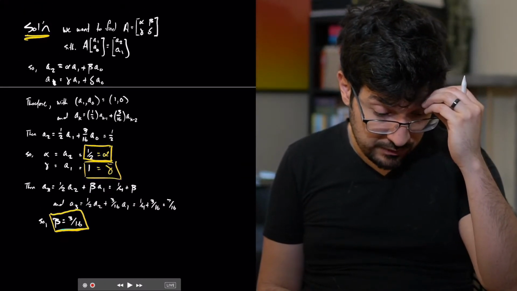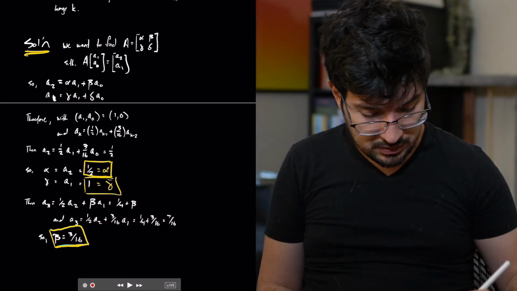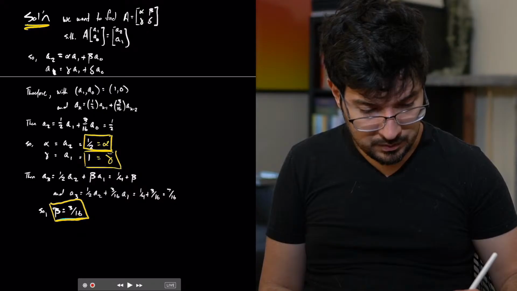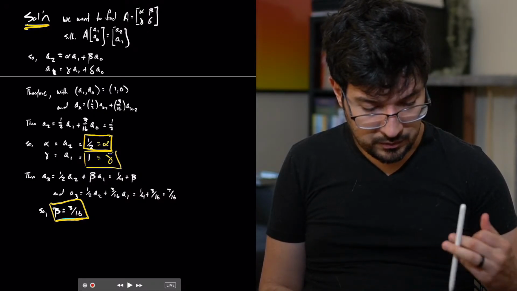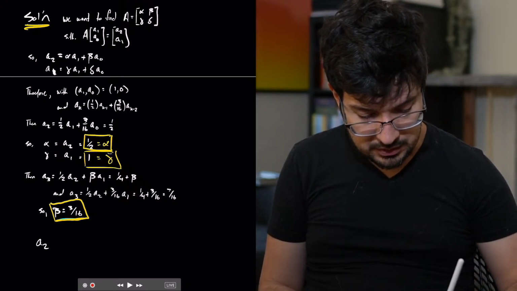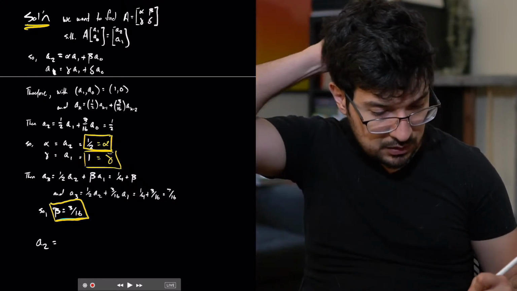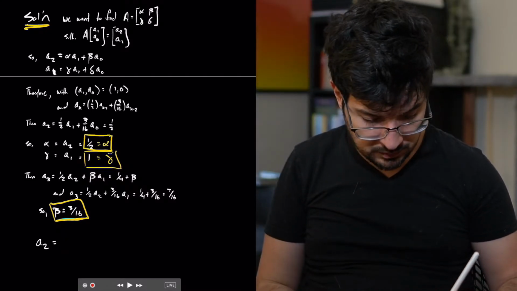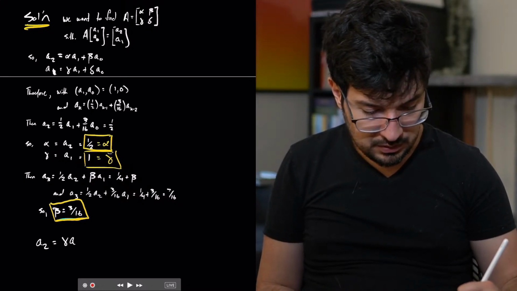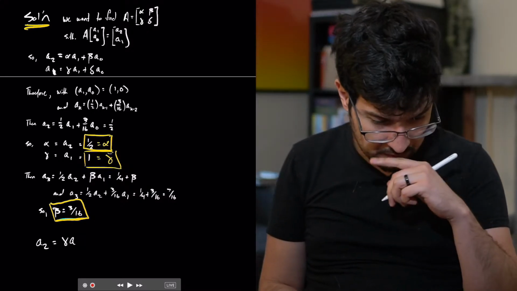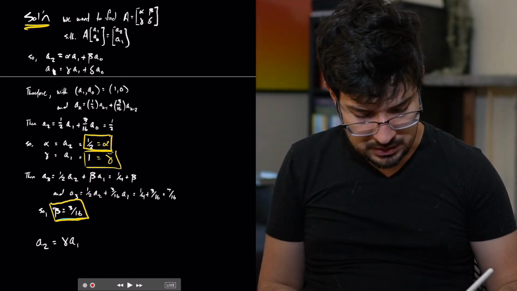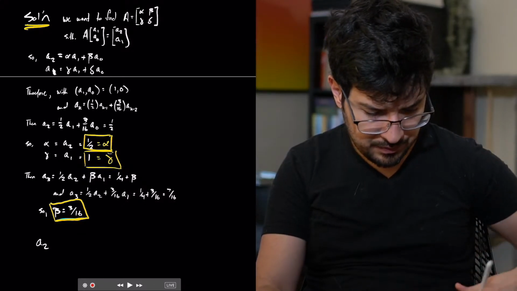And I have, in the second equation, for A2, A2 needs to equal gamma A1, no wait, shoot.